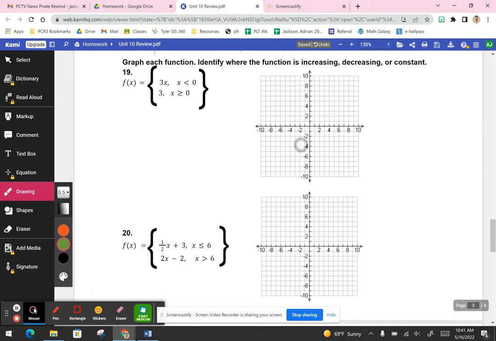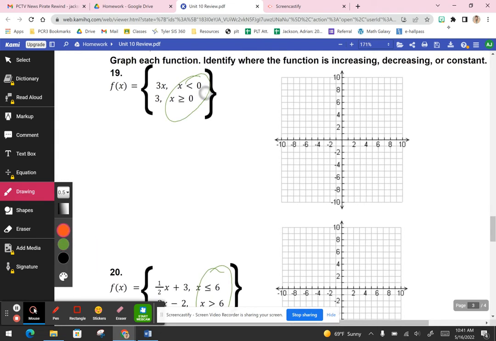For these ones, a lot of people get confused on the second part here, on these things like the x is less than or greater than or whatever. I would graph the entire line first if that helps you, and then just erase the part that you don't need. So for example, let's just do this one right here. So if I have f of x equals 3, that's kind of like y equals 3.